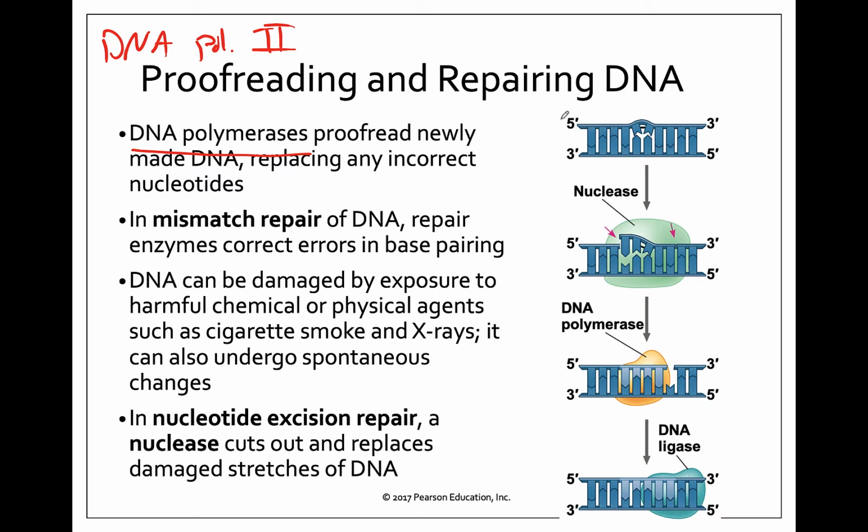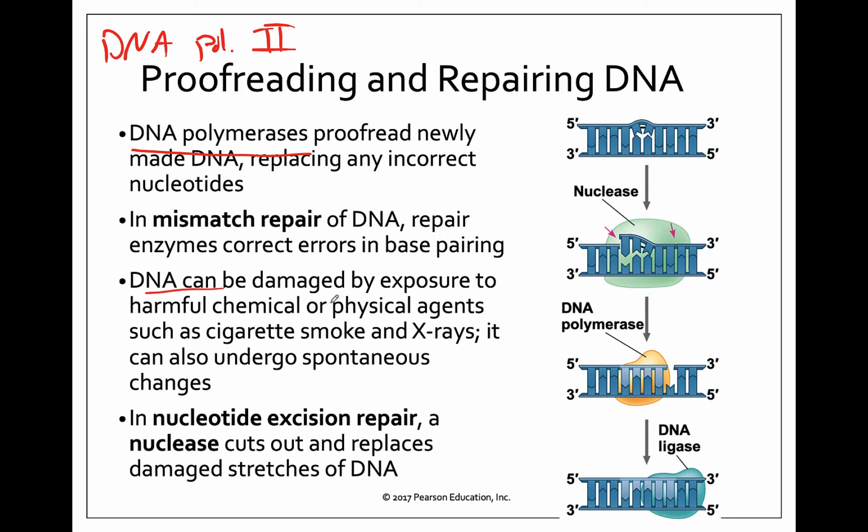If they find any that are mismatched, think about if it had found a T and instead of binding it to an A, it was accidentally bonded to a G and it didn't fit right. What will happen is it will physically be shaped different, and that is going to repair kind of typos or proofreading of the DNA molecule. So your DNA is always completely proofread before we continue on to mitosis to have replication of the cells.